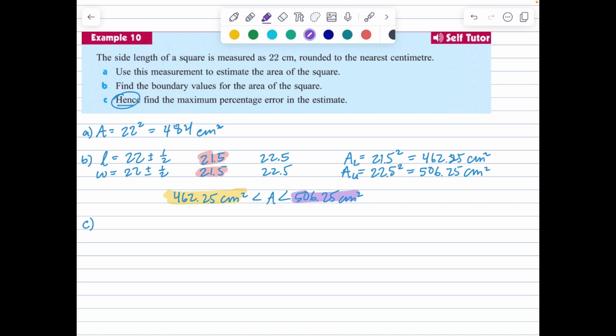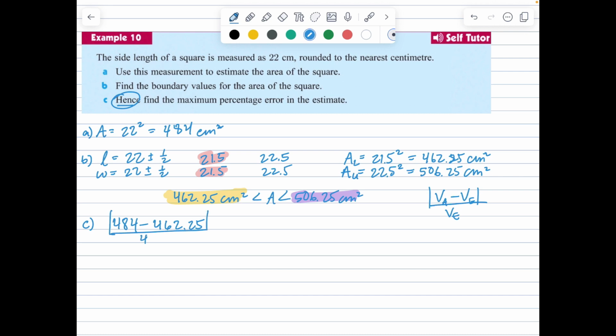Using our percentage error formula, which was the approximate value minus the exact value over the exact value, we're going to take our approximate value, which was 22, minus, oh no, sorry, it's not 22. We're talking about the area. So it was 484. That was the approximate. Minus, assuming our exact value is the lower version, minus 462.25.